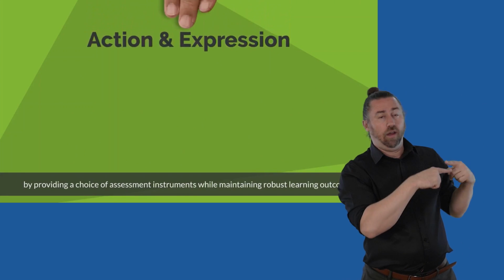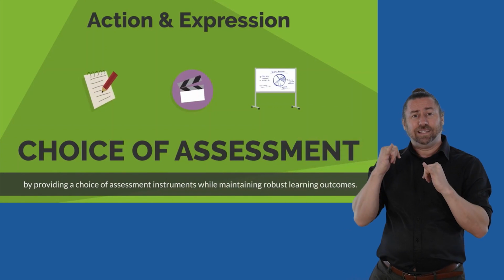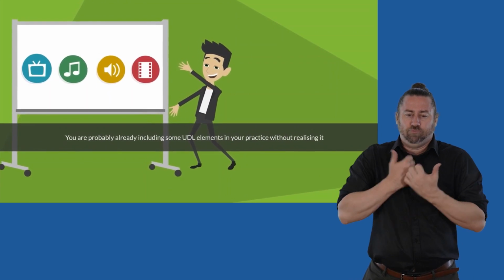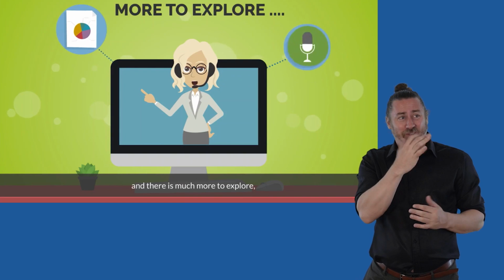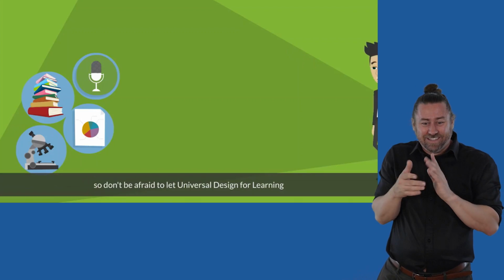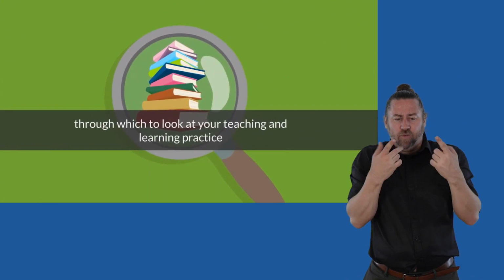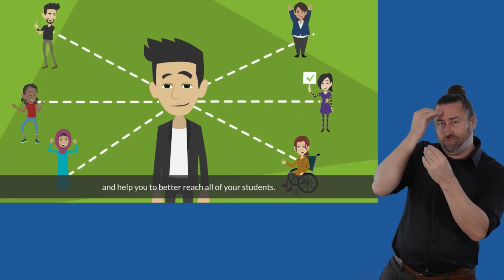By providing a choice of assessment instruments while maintaining robust learning outcomes. You are probably already including some UDL elements in your practice without realising it, and there is much more to explore. So don't be afraid to let Universal Design for Learning give you a new lens through which to look at your teaching and learning practice and help you better reach all of your students.